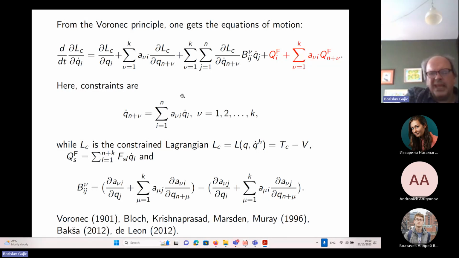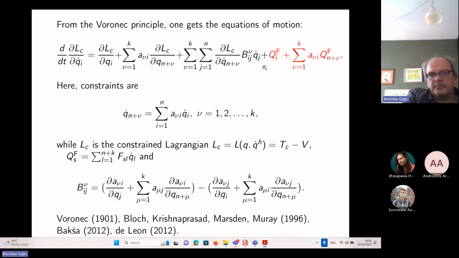He developed his Voronets principle, and from it he gets this equation of motion, but without these last two terms in red. This is the classical Voronets equation, but now, because we have additional gyroscopic forces, we have these two additional parts.